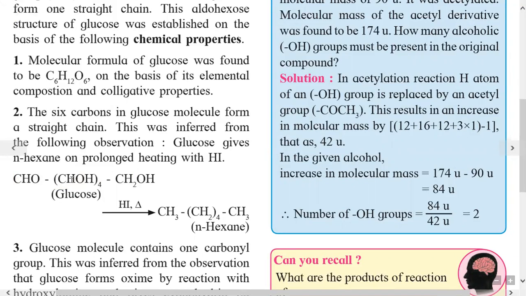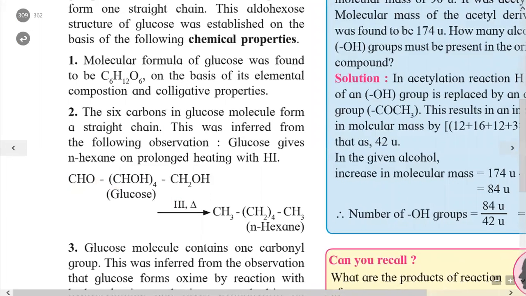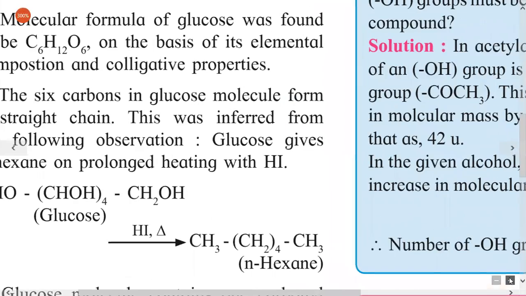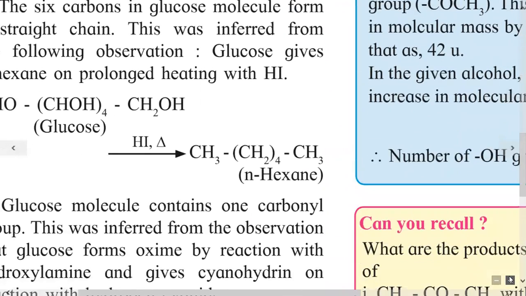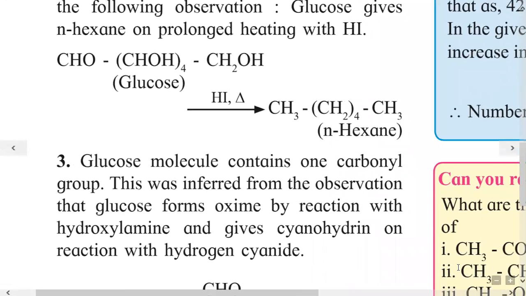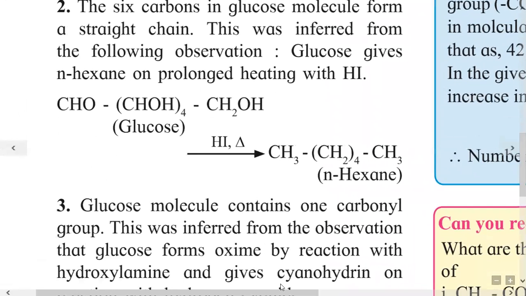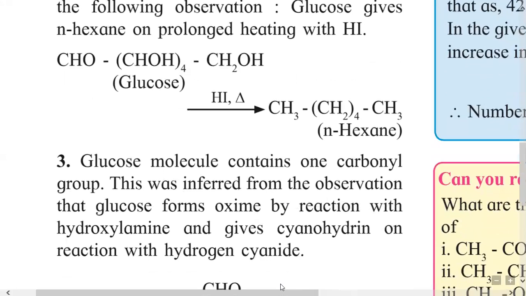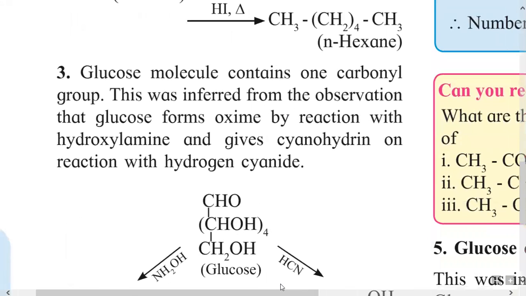When it is heated for a long time with hydroiodic acid, glucose is converted into n-hexane. n-Hexane is a straight chain alkane containing 6 carbon atoms. So this explains that the 6 carbon atoms in glucose are in a straight chain.